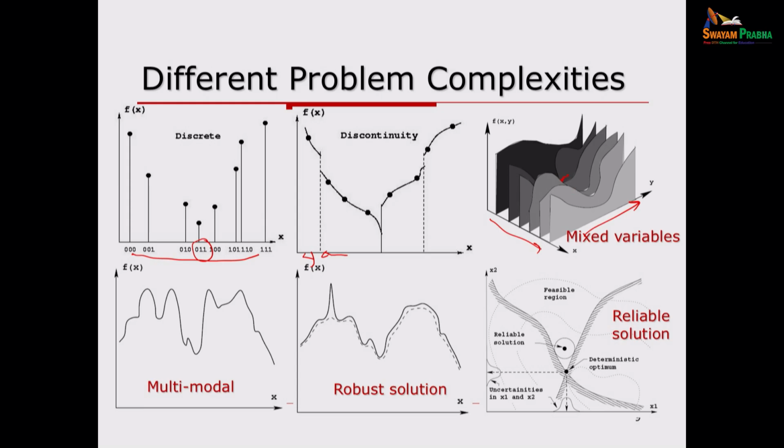Multimodality means these points, corresponding x vectors, have the same objective function. If you're trying to maximize, would you find this one, or this one, or this one? They all have the same function value. Which one would you find? You don't know. So the best is to find all four, and maybe not this one. This is a local maxima, so you may not be interested in that.